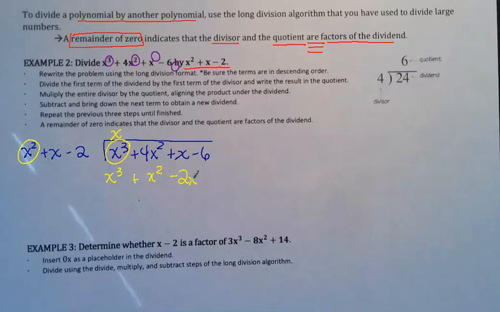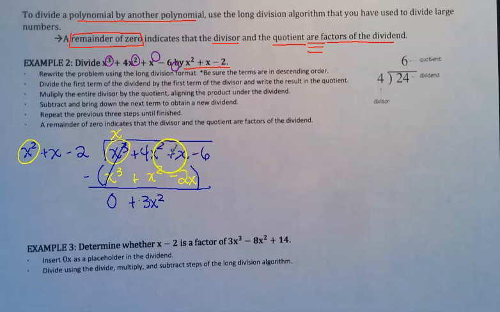Awesome. Then we're going to subtract and bring down the next term to obtain a new dividend. So we're going to take this whole thing and we're going to subtract it. x cubed minus x cubed is 0. Those cancel. 4x squared minus x squared is going to leave me with a positive 3x squared.